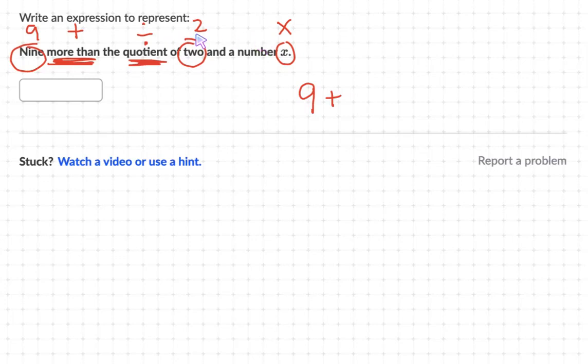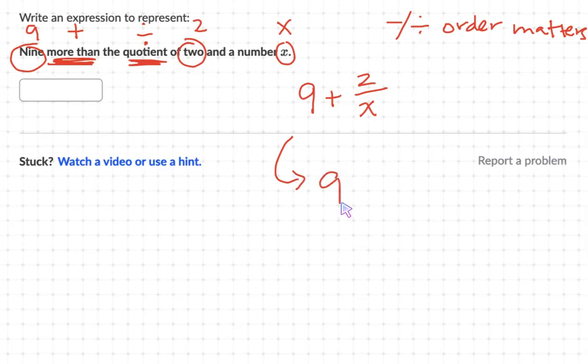And remember, for subtraction and division, the order matters. It's whatever order they give to you. Okay, so quotient of 2 and x, meaning 2 goes first, then x. I could write it like this, or I could write it like this.